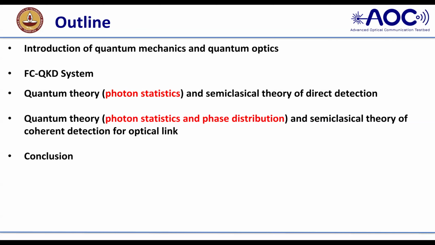Here we have done the application in the frequency coded FCQKD system, and then we'll go to the quantum theory. It means the discretization, like photon statistics and semi-classical theory of direct detection in optical links.